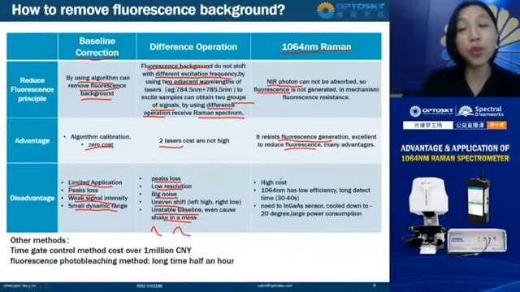Why does not everyone use 1064 nanometers Raman spectrometers? Because it has a very high cost. It uses InGaAs sensors, and InGaAs sensors are very expensive.